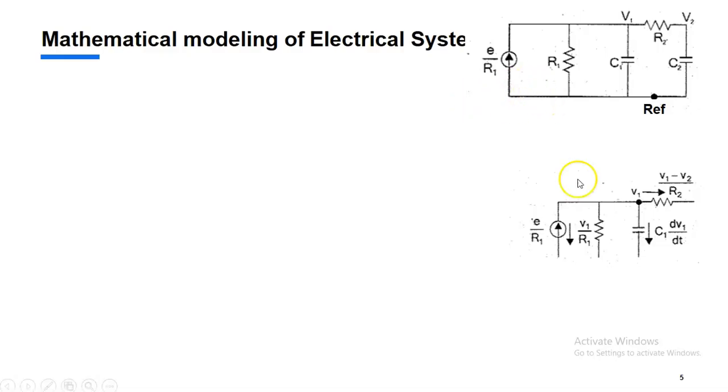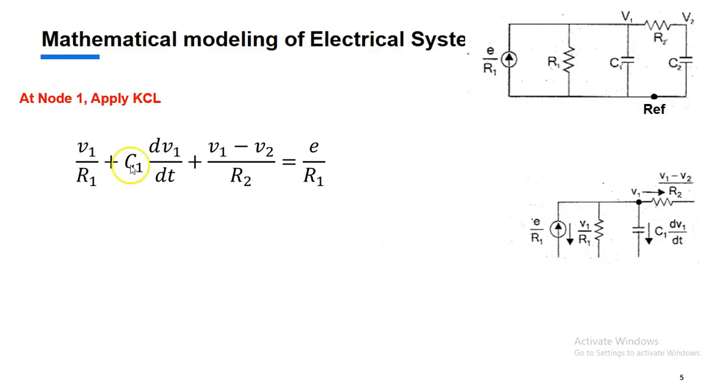This is an incoming current and R1, C1 and R2. Here I have written the current through these elements because I am going to apply the KCL at node 1. V1 by R1 plus C1 into dV1 by dt plus V1 minus V2 by R2. This is an outgoing current. The incoming current is E by R1.